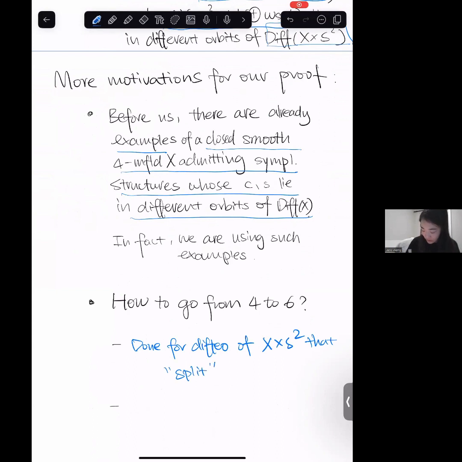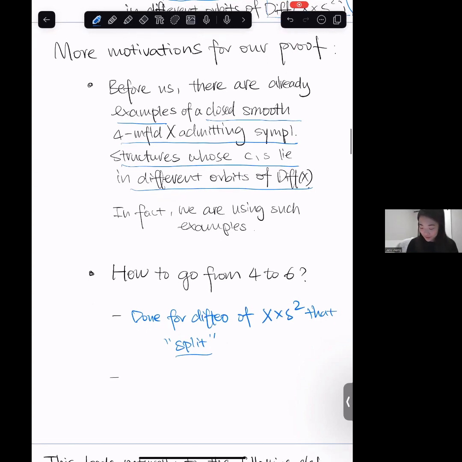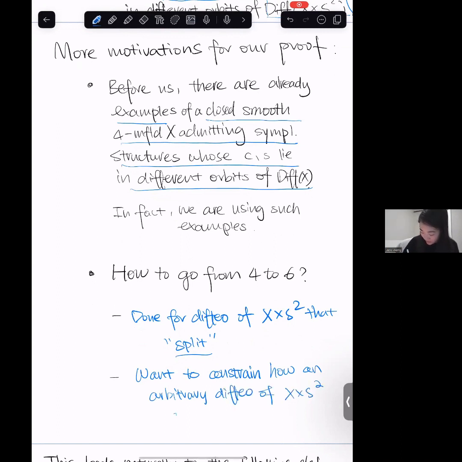So I'll explain a bit more what we mean by this notion of splitting of a diffeomorphism. And in order to understand splitting, we want to constrain how an arbitrary diffeo of X cross S2 can act on the second cohomology.